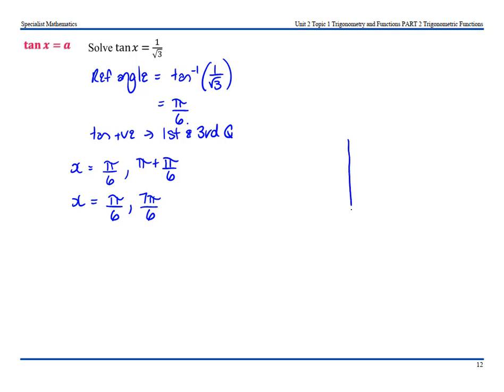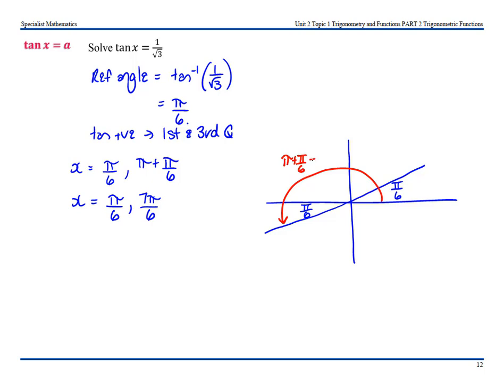Now the key with tan is if you think about this, this is pi on 6. And in our fourth quadrant, we have pi on 6, which is how we get that answer being pi plus pi on 6, which is 7 pi on 6. Now, the key is this is a straight line here. And also thinking about your tan graph, your period is pi.